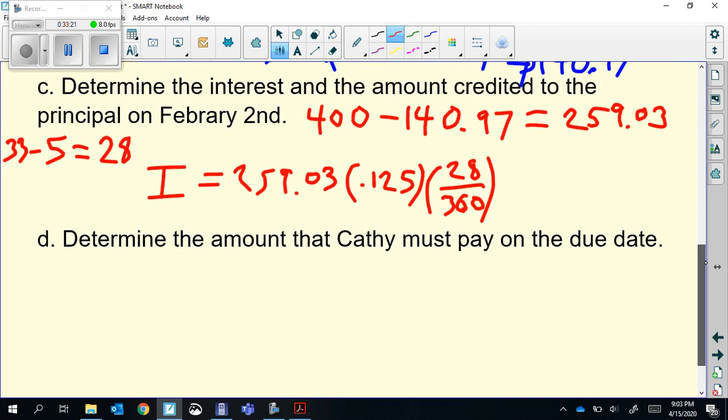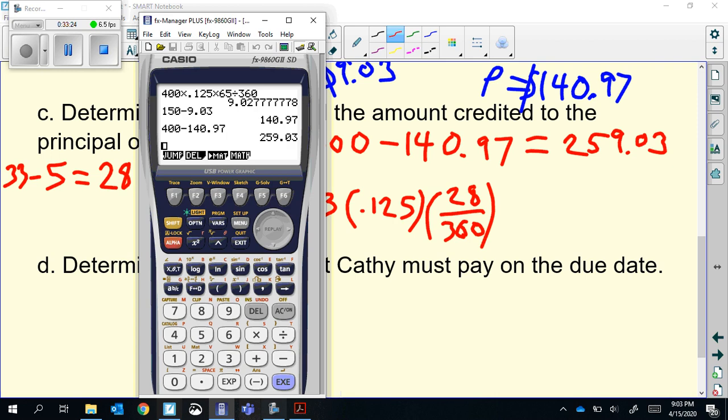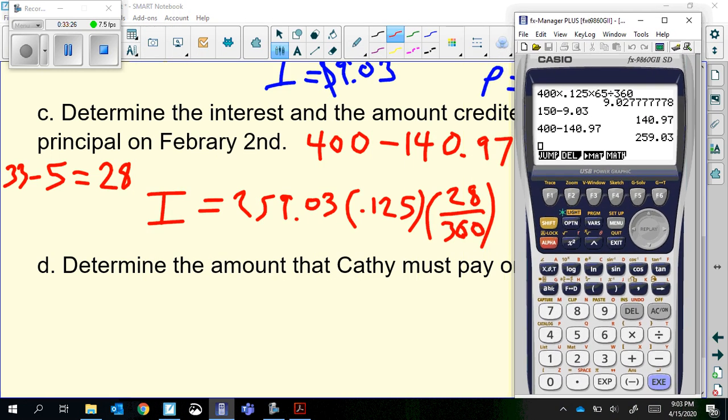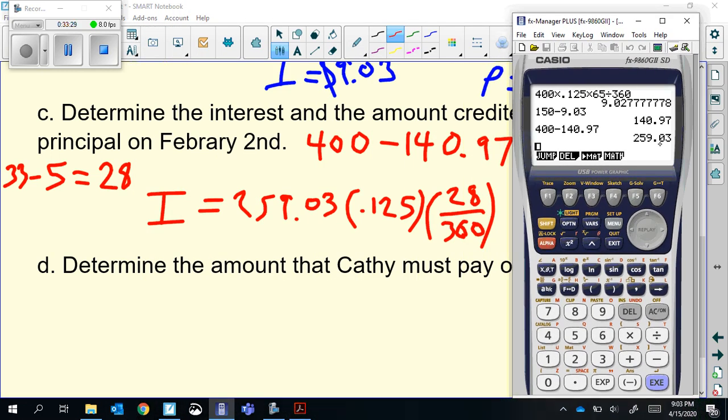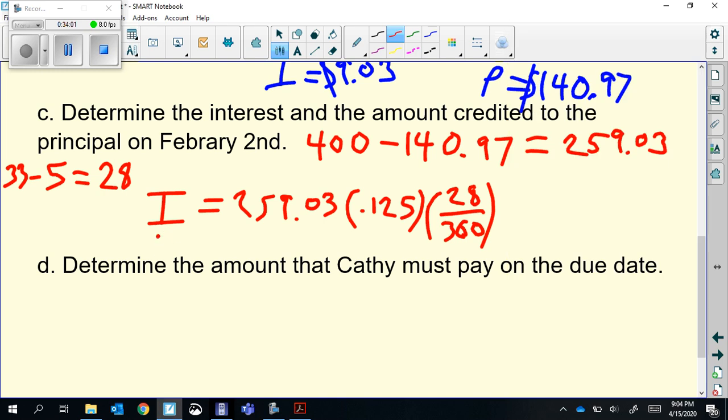So we'll figure out how much interest it was again by multiplying this out. The 259.03 times 0.125 times 28 out of 360. So the interest that adds up till then, in that short amount of time, 28 days, was $2.52.